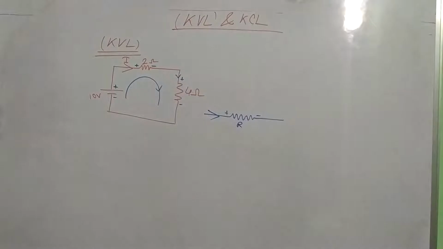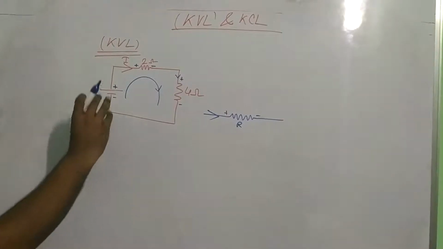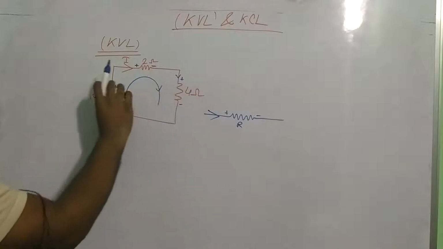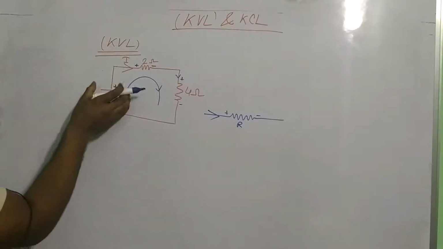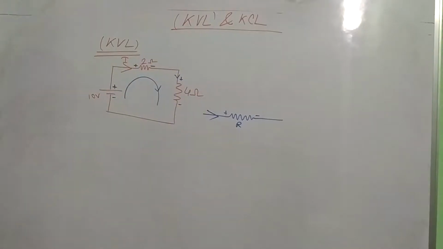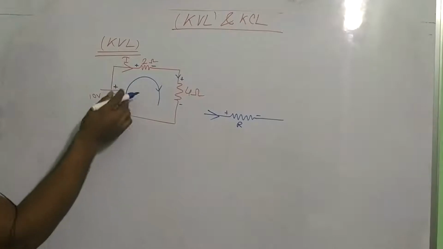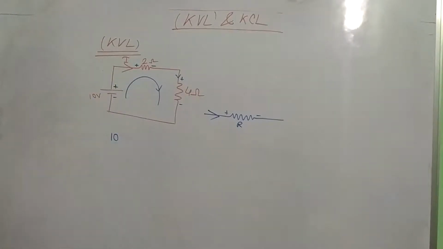Now I am applying KVL in the closed loop. KVL is applied in a particular direction, clockwise or anti-clockwise. I am taking the clockwise direction. Here we see 3 elements in the closed loop: 1, 2 and 3. First is the voltage source, the supply voltage 10.